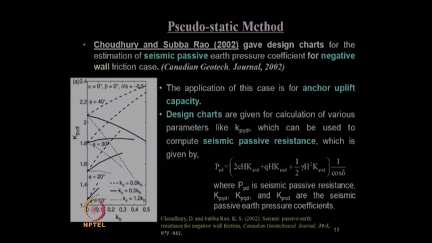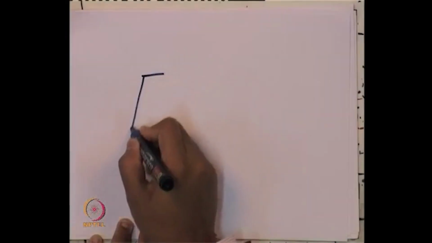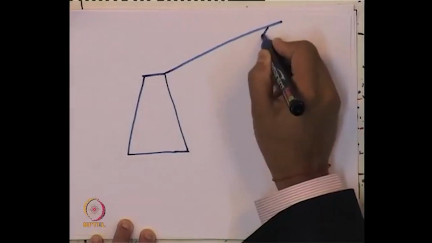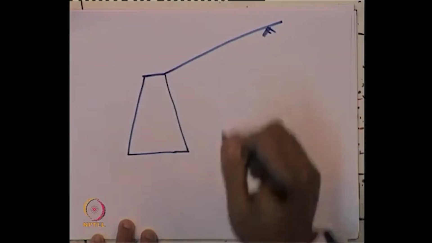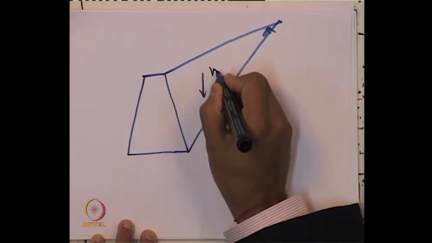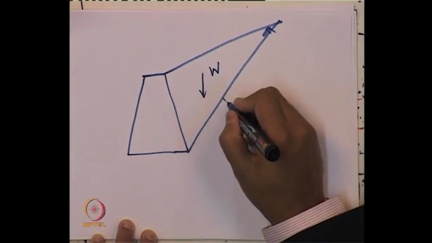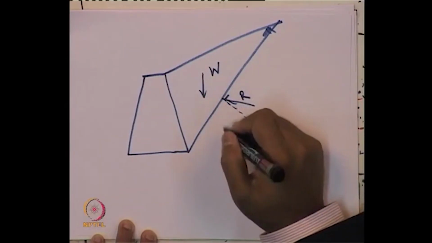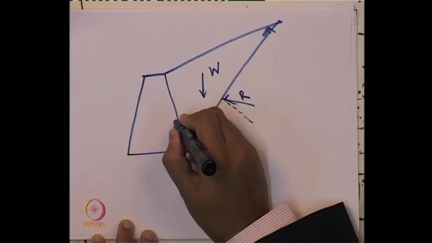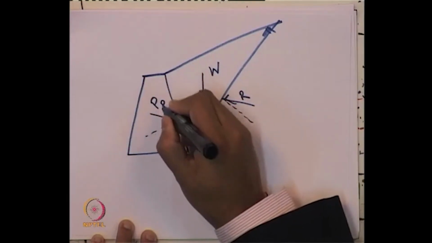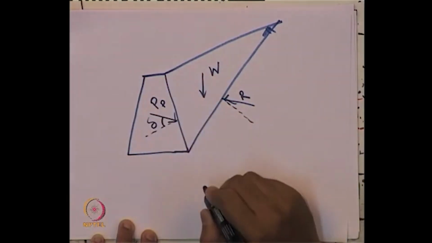When we are talking about the passive condition of earth pressure, as we have already mentioned, for the passive state of earth pressure on a rigid retaining wall, if we have ground like this and this is the failure plane, we have the weight of this. For the passive condition, this is the R. We have seen already that the Pp value will be acting over here at an angle delta.